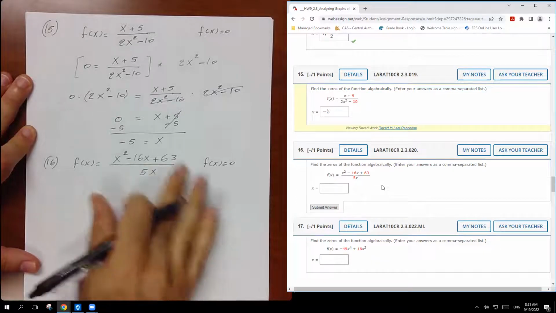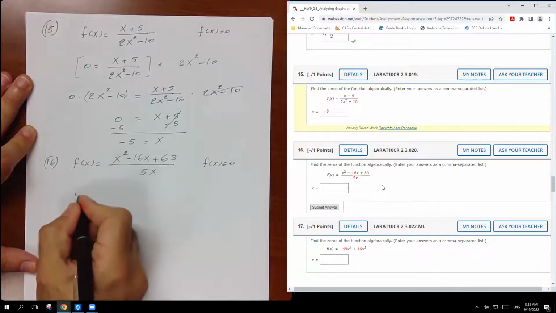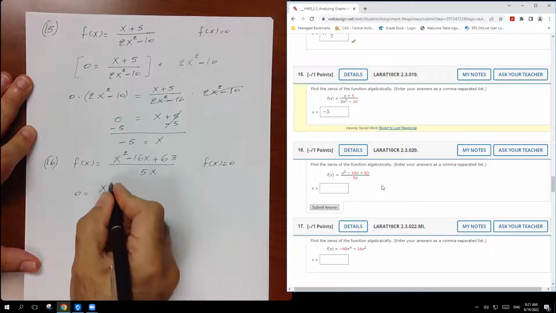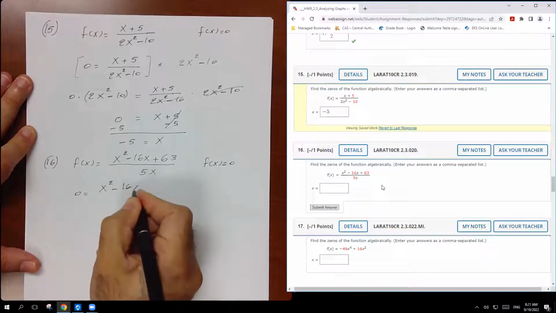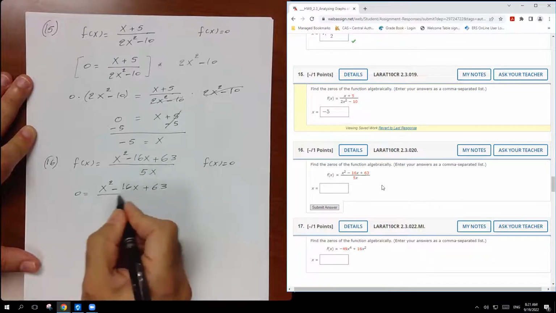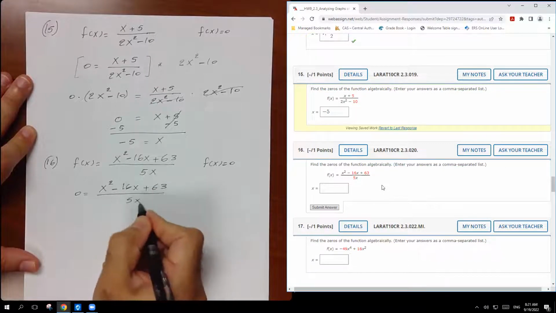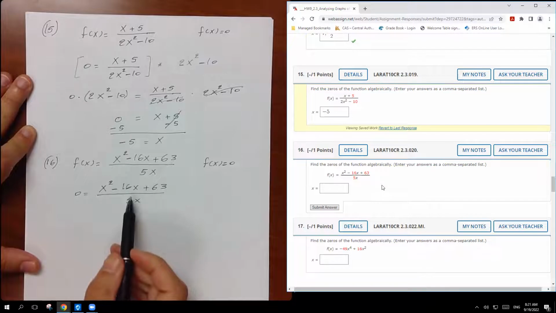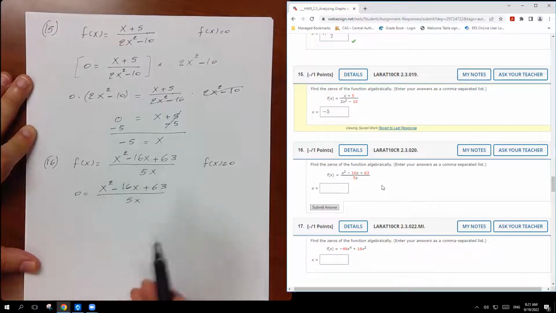That means I'm going to plug in 0 here. So 0 is equal to x squared minus 16x plus 63 divided by 5x. It's also a rational equation. How are we going to solve this one?